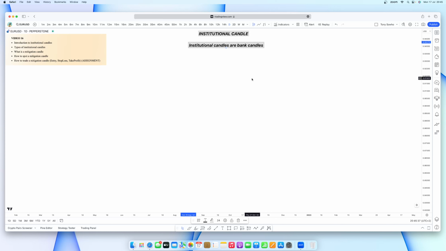Be it a 5K account, a $10,000 account, a $20,000 account, a $200,000 account, or a $1 million account, we still do not have what it takes to move price. To move price by one pip takes a very big amount of money.